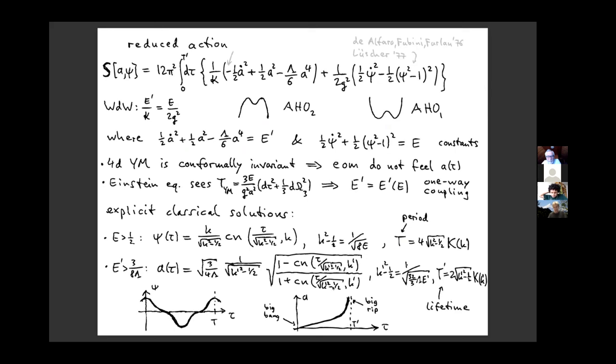When we are below the critical point, the solution just grows and then comes back to zero. That's just one half period, where a big crunch appears. Or when we are above, the scale factor goes to infinity. Of course it can be periodically continued, like the cotangent or tangent function can be continued, but the lifetime of the universe ends at this point, right?